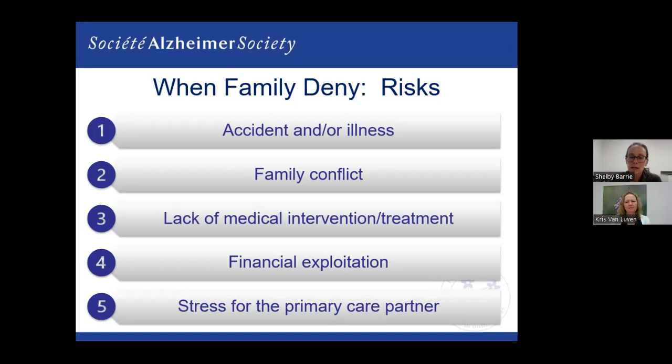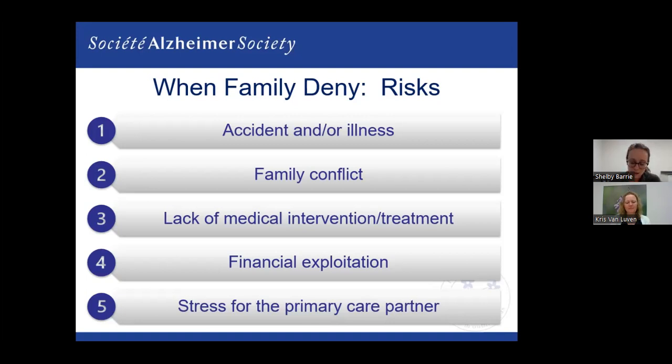And stress for the primary care partner can also be a concern here. So caring for a person with dementia can certainly be challenging, and the more people, whether that's family, friends, neighbors, or community organizations that can assist the person with dementia, the better. So the bigger we can make that support team, the better.